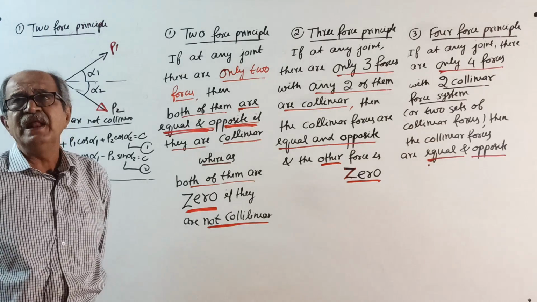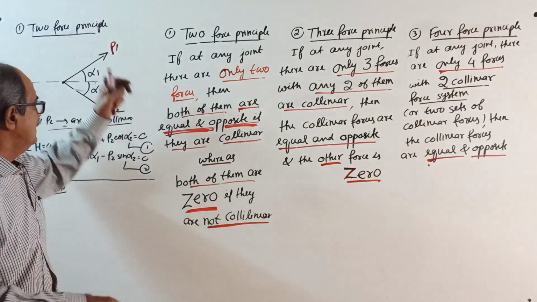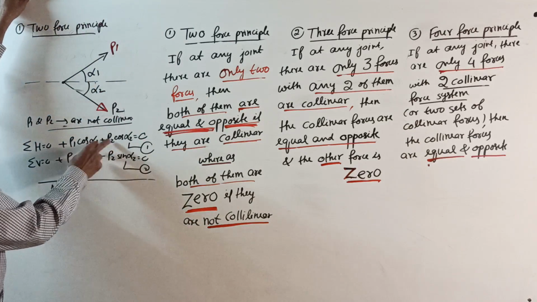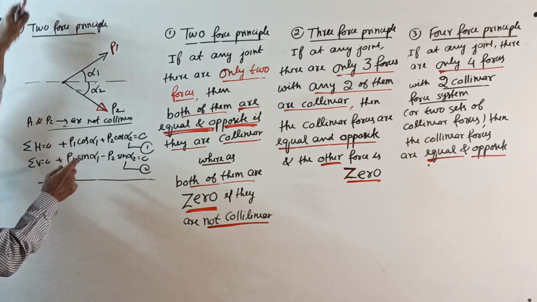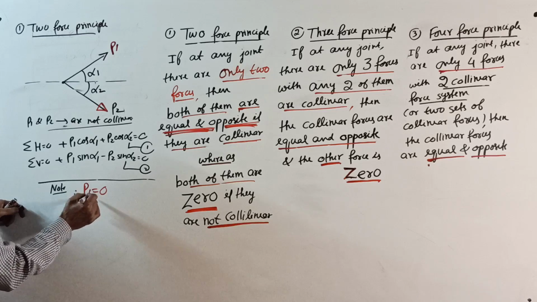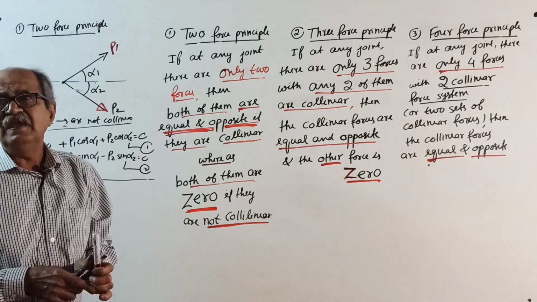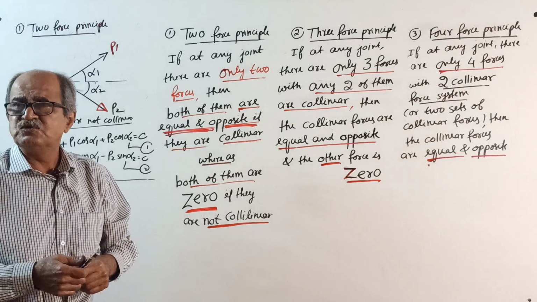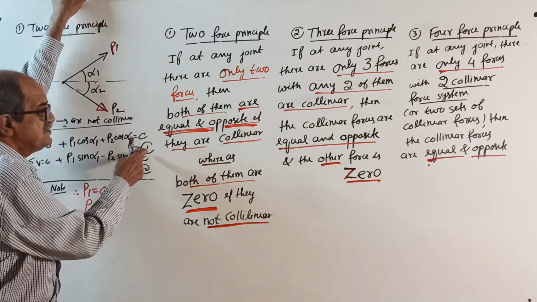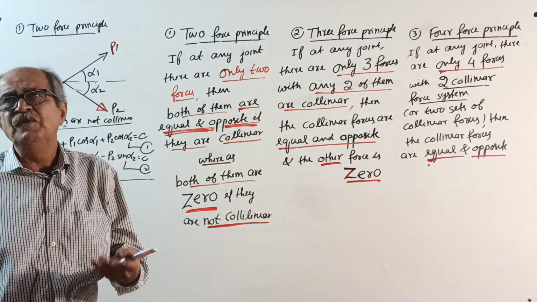If everywhere the right hand side is 0, you need not bother; then the variables are 0 directly. You write the statement: therefore, P1 equal to 0, P2 equal to 0. Over. There is no non-trivial solution if all the constants are 0. The only solution is that all variables are 0.